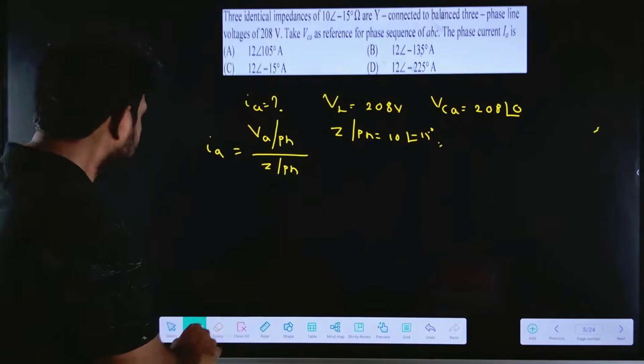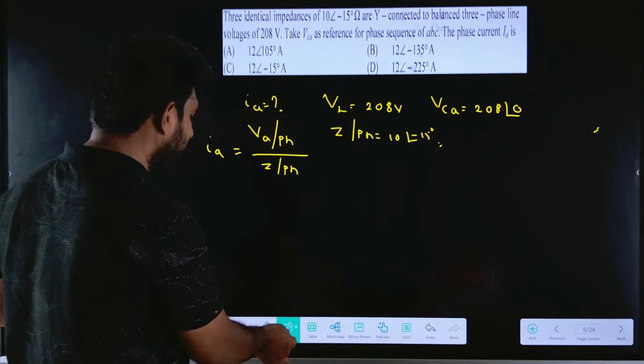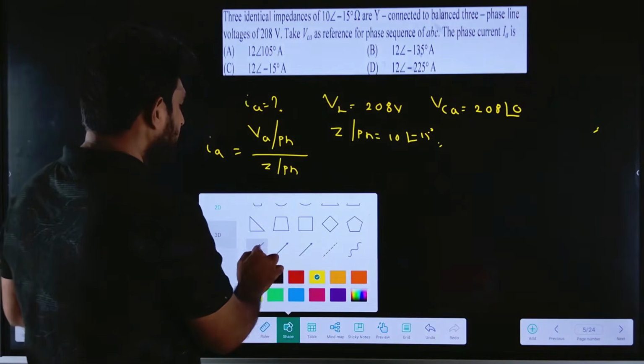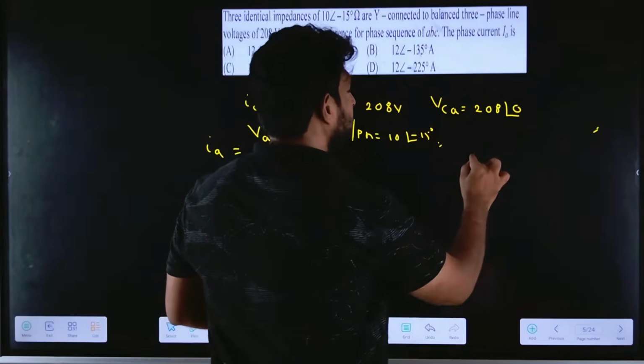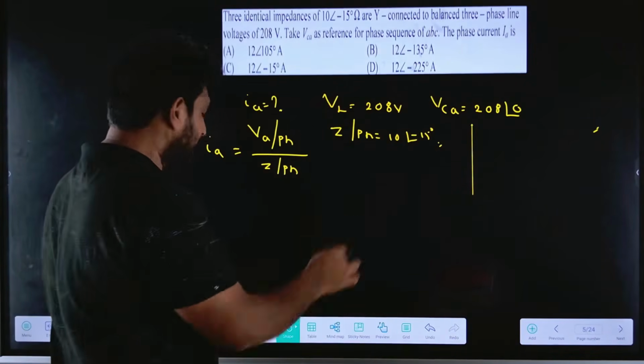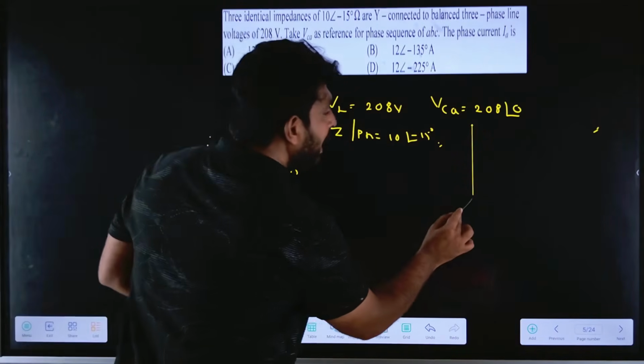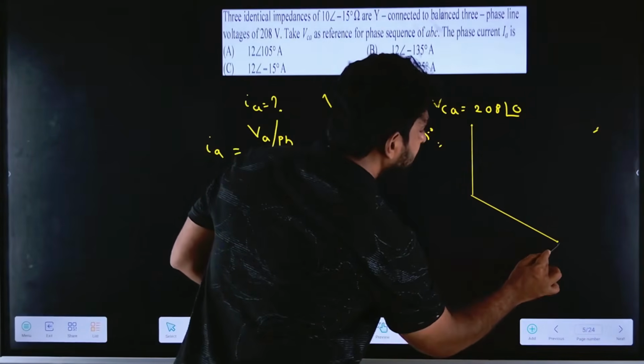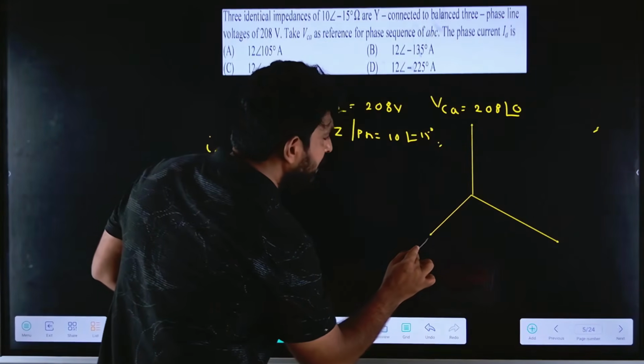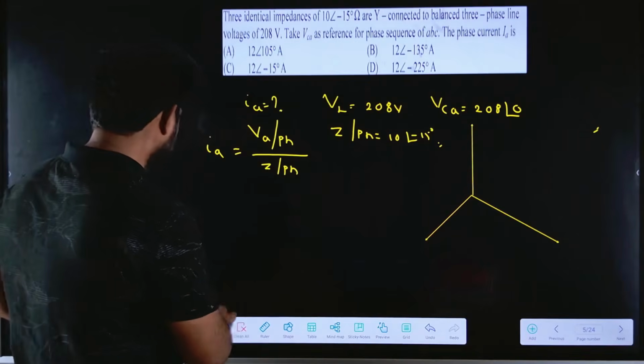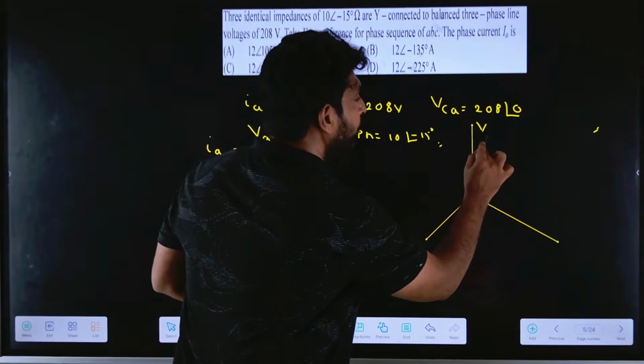Observe here. Let me explain the concept so that you will understand easily. First, try to understand the concept. We have the reference of VCA, and let me represent it with three lines at 120 degrees. Here VCA is given.